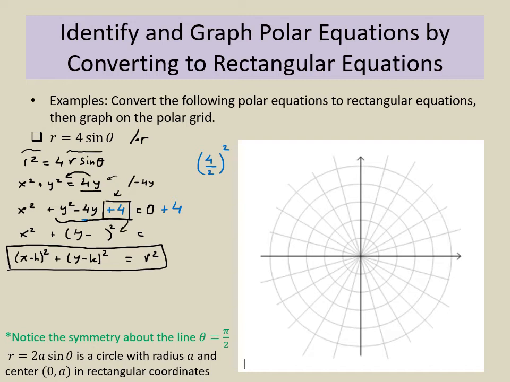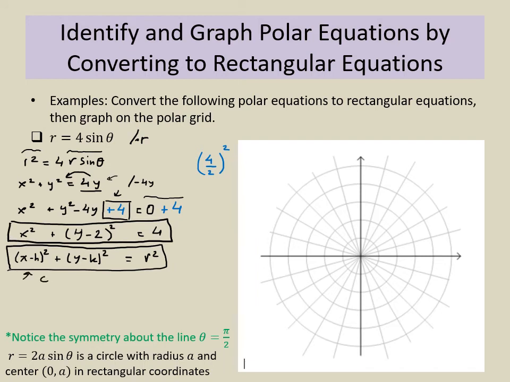So if I factor that, I get y minus 2 squared is equal to, the right-hand side now is 4. Okay, and we've reached our goal. We do have the equation of a circle here. It's in the standard form.